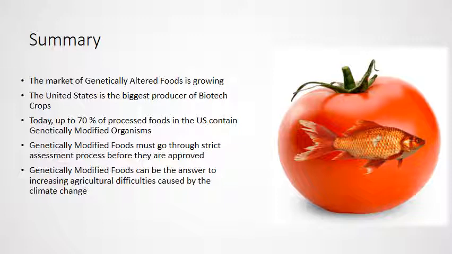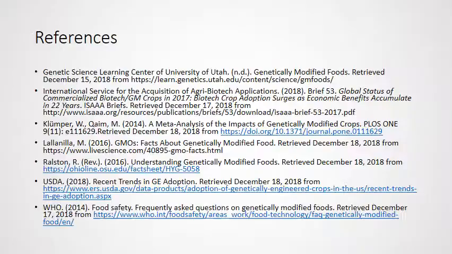Genetically modified foods must go through a strict assessment process before they are approved, so they should be safe. However, long-term effects of biotech foods remain to be seen. Despite the criticisms and concerns, genetically modified foods can be the answer to increasing agricultural difficulties caused by changing weather related to climate change.